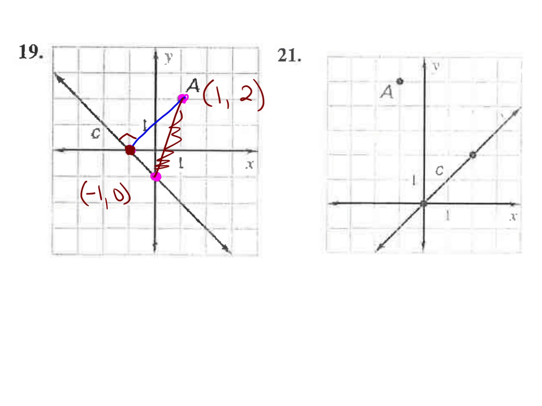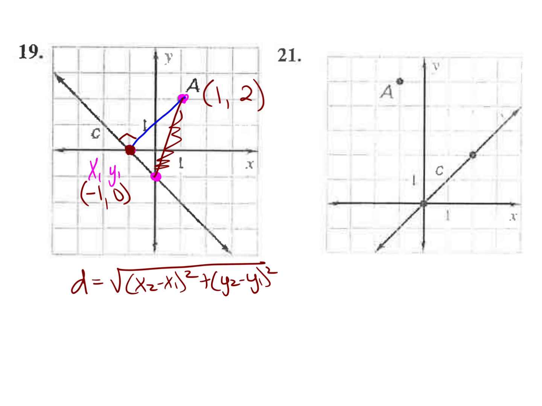All right, so once we have that, now we're going to find the distance between them. So we use the distance formula. Square root of x2 minus x1 squared plus y2 minus y1 squared. And you're going to use your calculator and give me the first decimal place. So remember, I'm going to label this x1, y1, x2, y2.